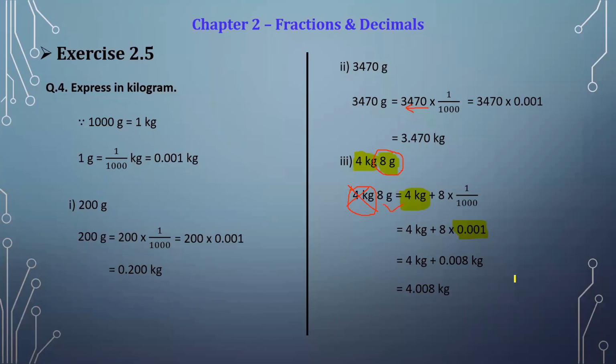In this way we can convert the gram value into kilogram with the help of the relation 1 gram equals 1 upon 1000 kilogram, or 0.001 kilogram. It depends on you which step you use. If you multiply by 1 upon 1000, no problem, or if you multiply by 0.001, also no problem. So this is question number 4 from exercise 2.5.